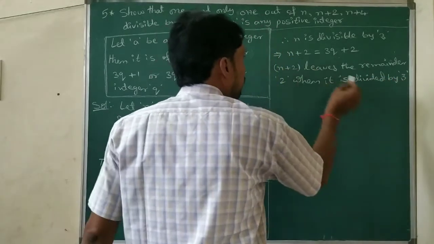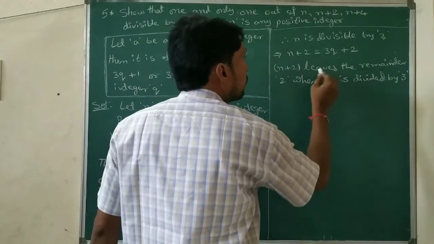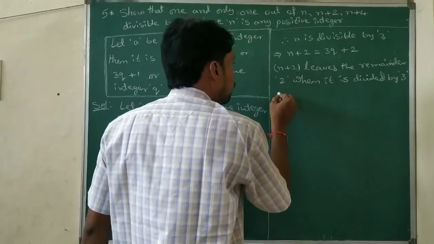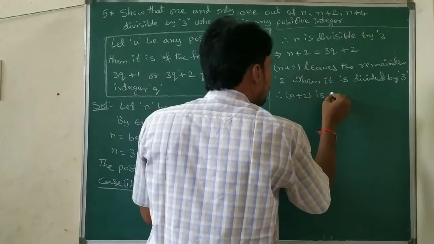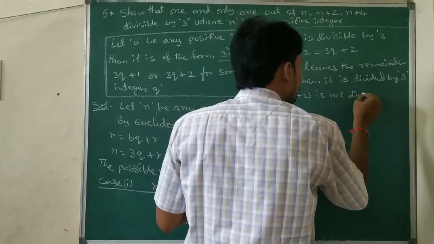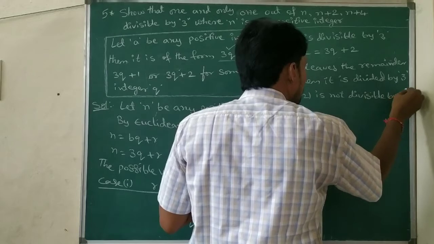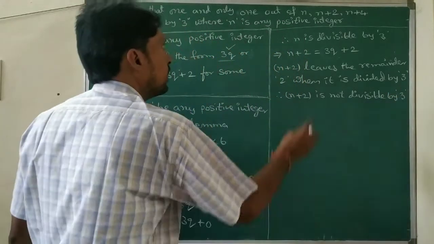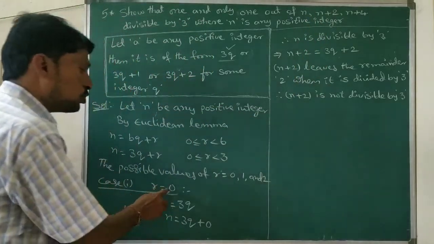So 3q plus 2 is not exactly divisible, we are getting a remainder. Therefore, n plus 2 is not divisible by 3. Now n plus 2 is completed for r value 0 only.